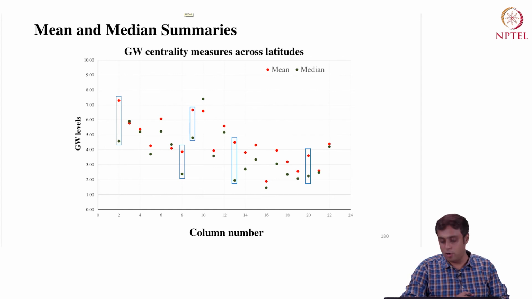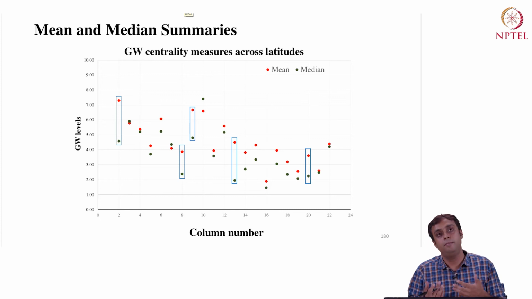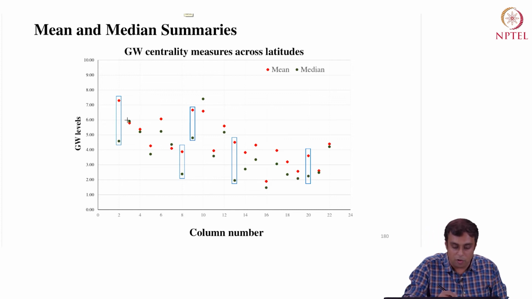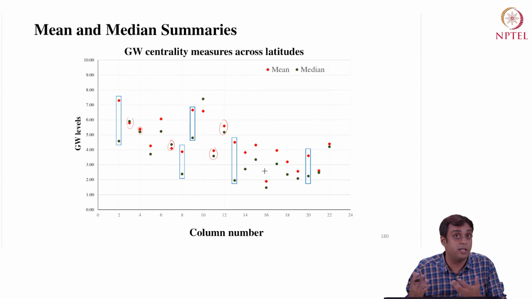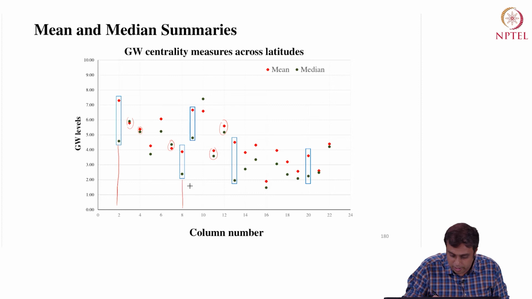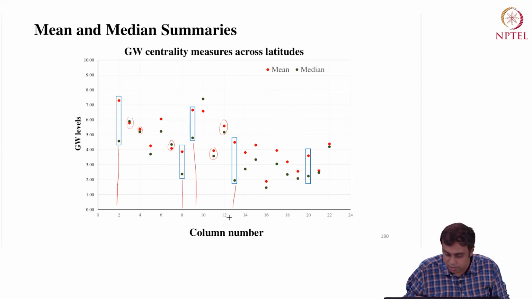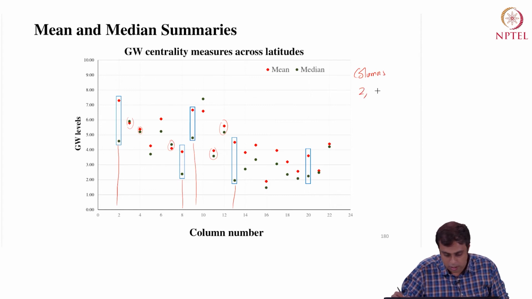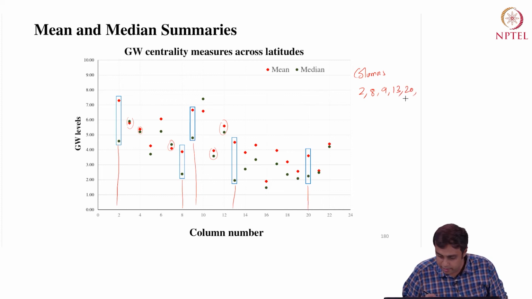Okay, now this is across columns. We have 22 columns. Again, mean is in red, a dot, median is a green dot. And here there are many columns where things look okay, right? But there are many other columns where things don't look okay. So for example, column number 2, column number 8, column number 9, column number 13. So I'm going to write that down: columns 2, 8, 9, 13, 20, right?